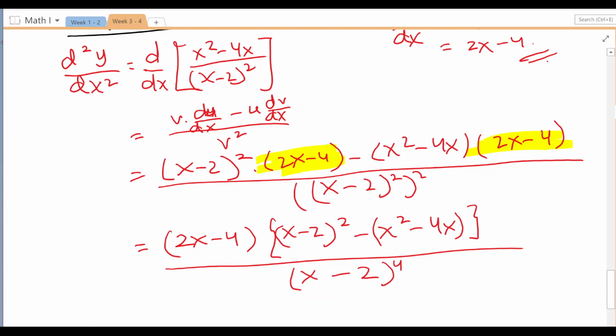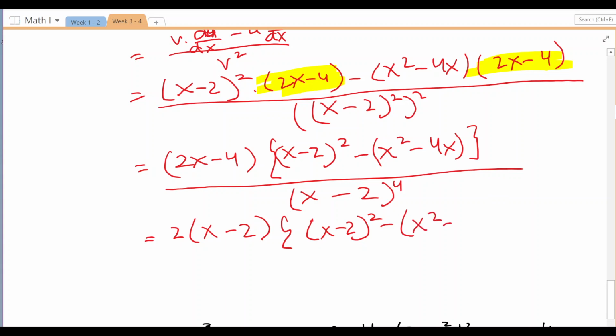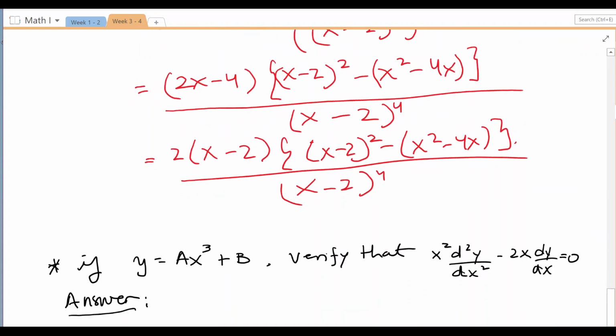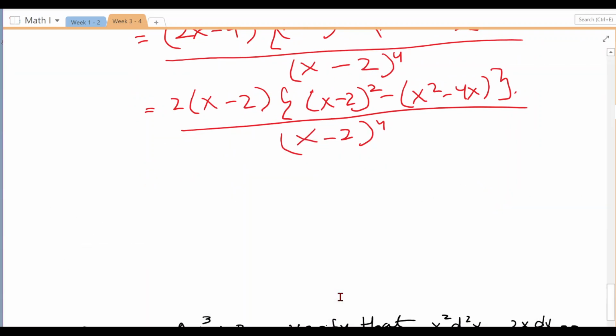I should have simplified this as 2(x − 2) times [(x − 2)² − (x² − 4x)], because we're going to cancel one of the (x − 2). So now one of the (x − 2) gets cancelled, so this becomes 3.